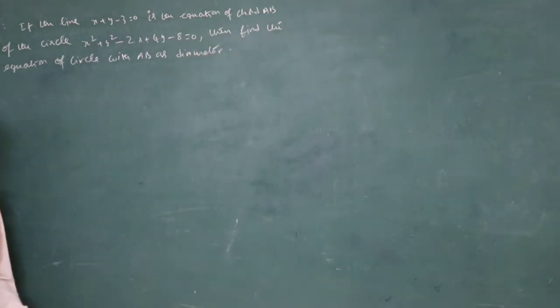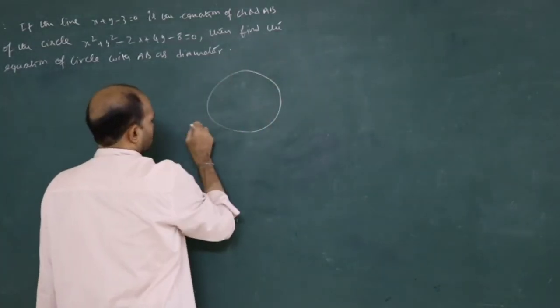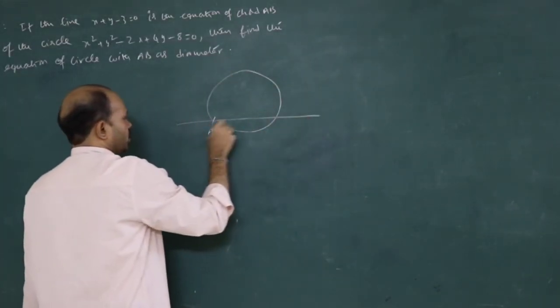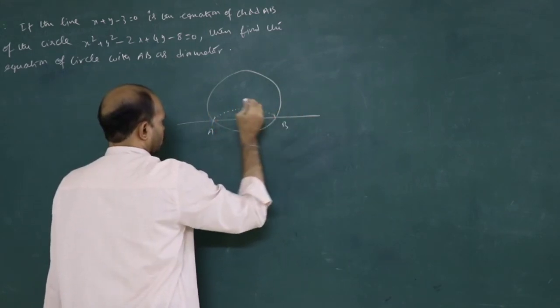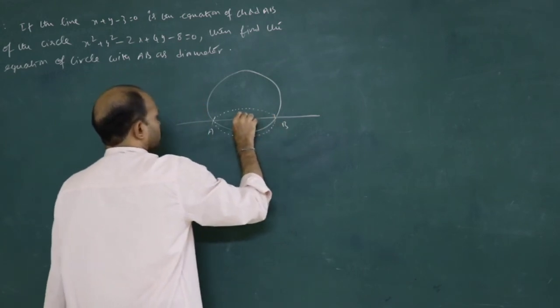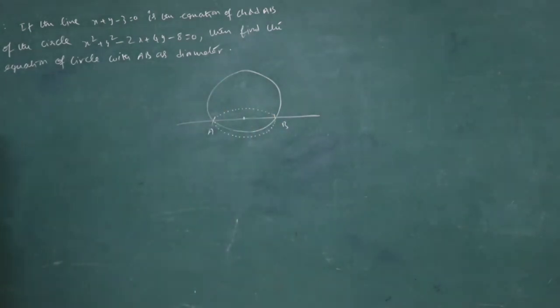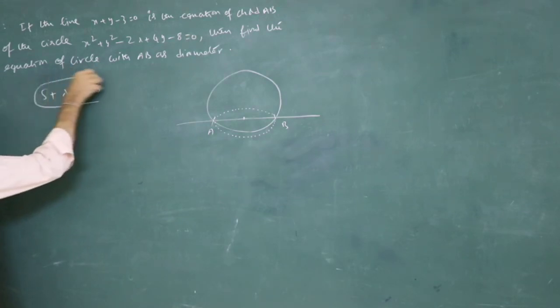Read the data, it is nothing but the same model question. There is a circle whose chord is AB, and we need the equation of circle with this line AB as its diameter. Apply S plus lambda L is equal to 0.